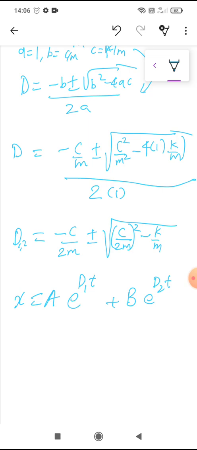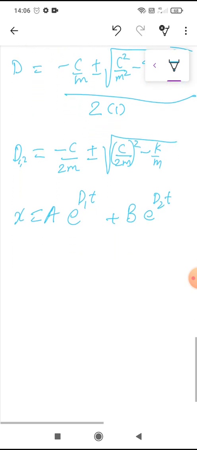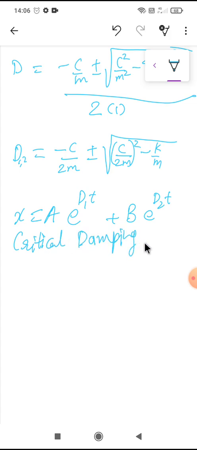Now, if we modify this solution further, we will introduce a new concept, that is the critical damping coefficient.